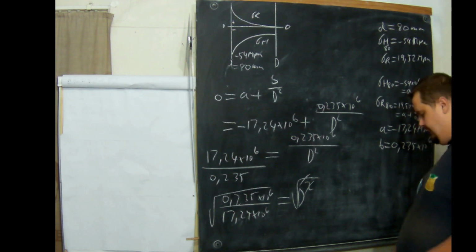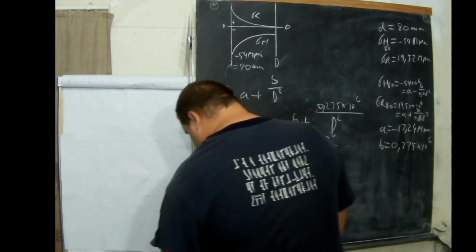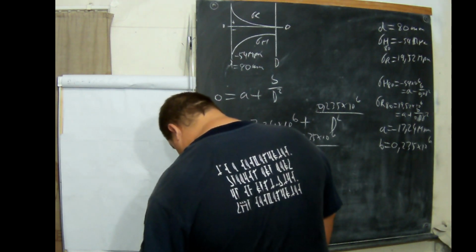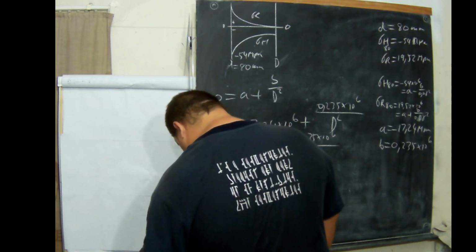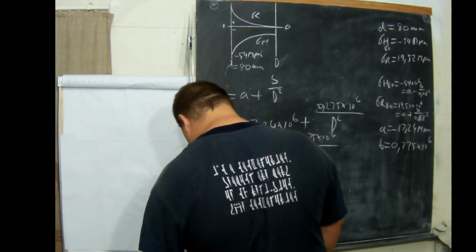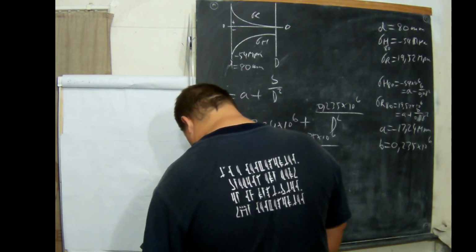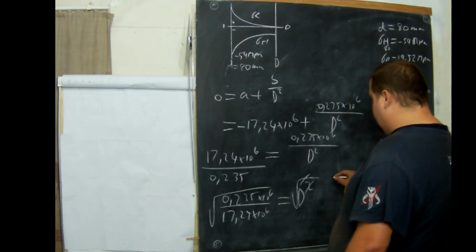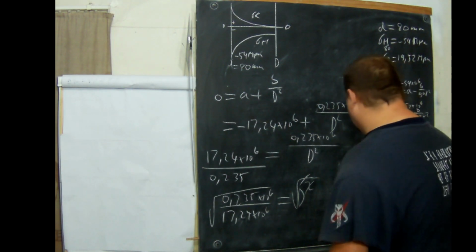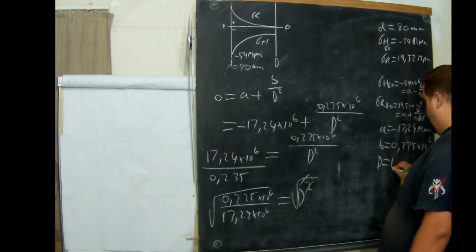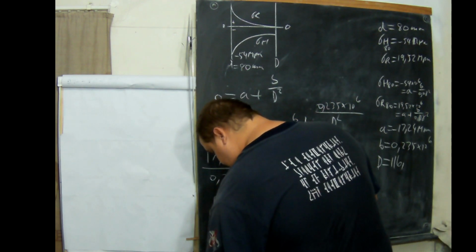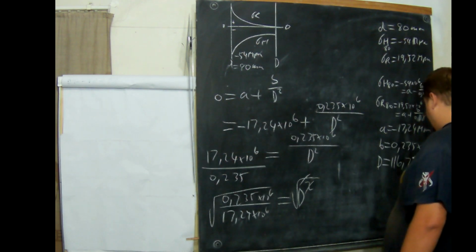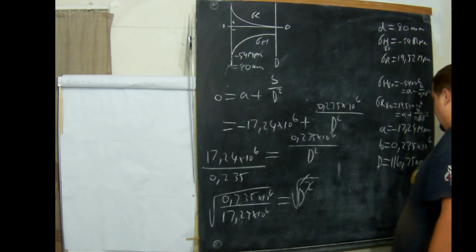So all this will calculate down to, so D, let's get D. D equals 116,75 millimeters.